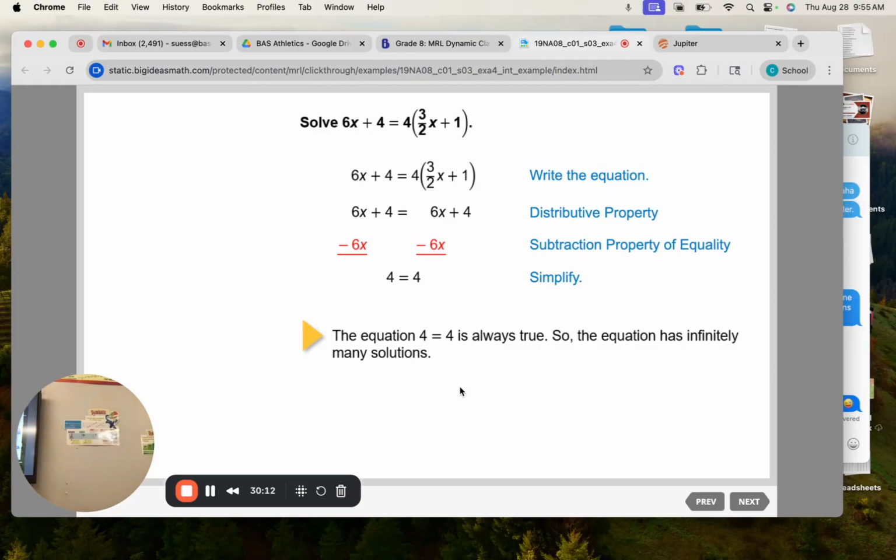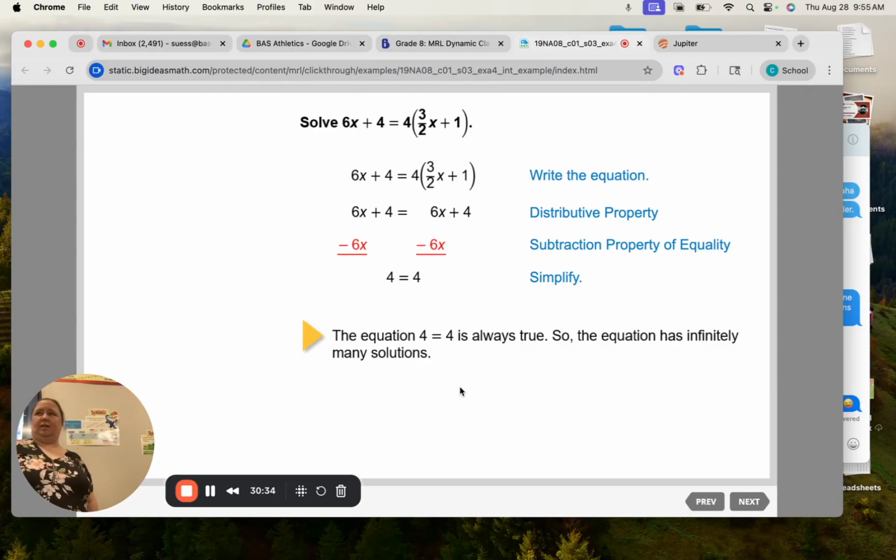Yes. So the answer is infinitely many solutions. For your work, you can just put many solutions because trying to spell infinite over and over again is lots of fun. So your answer is many solutions. One equation, many solutions.